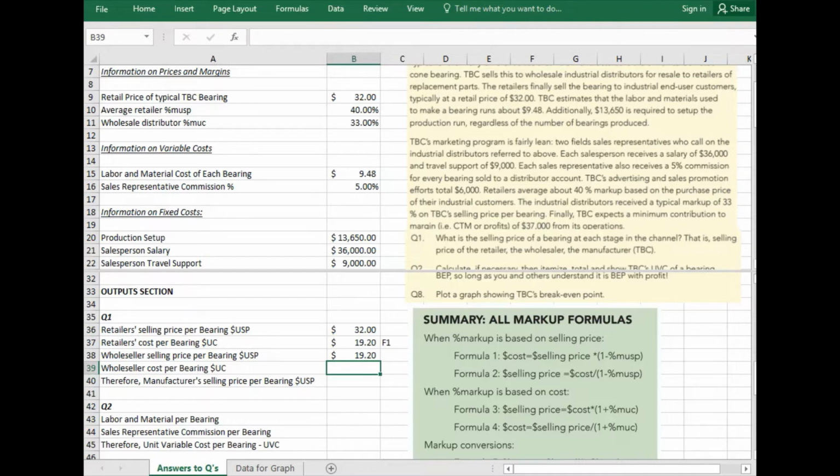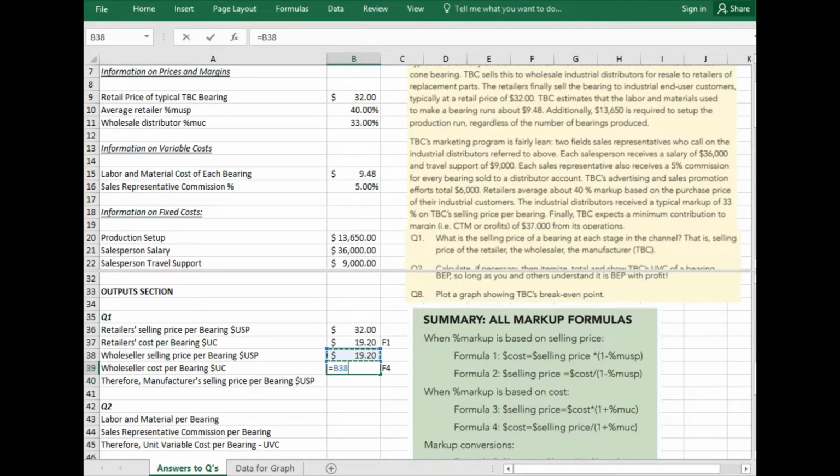But now we need to find out what is the wholesaler's cost. We're trying to determine the wholesaler's cost, and we have percent markup on cost. So when we have percent markup based on cost, you can see here we have to use either formula 3 or formula 4.